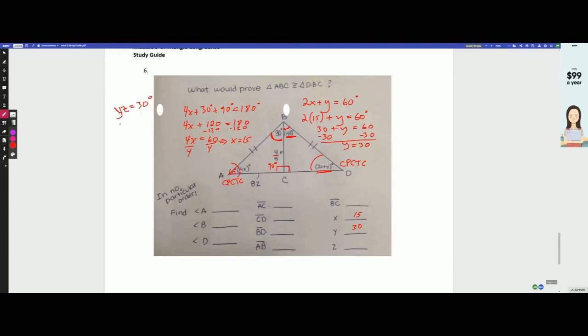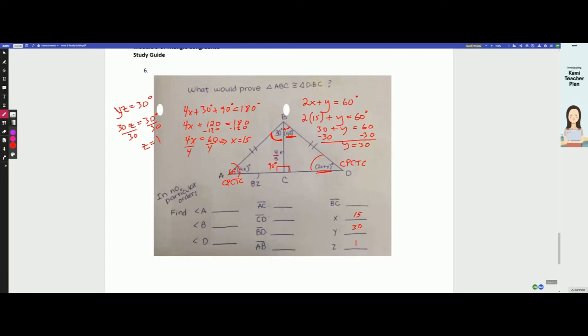And y, we already said, is 30 degrees. So 30 times z equals 30. Oh, that's just the division property. And look at that, 30 divided by 30 is 1. So z equals 1. And then basically from there on, all you have to do is plug and chug.